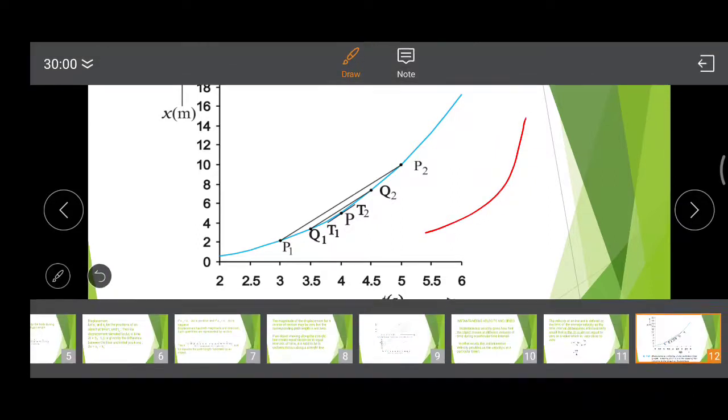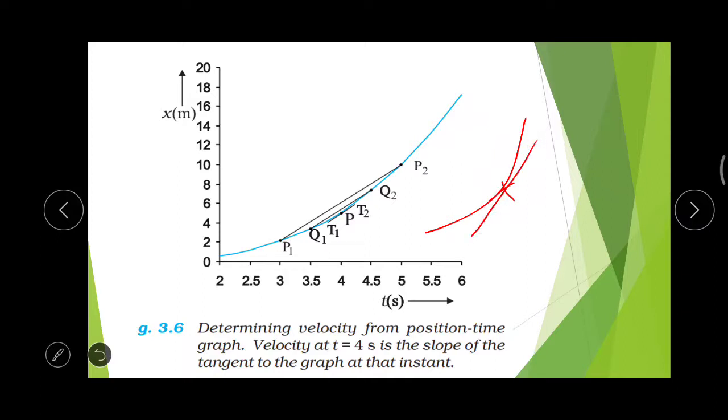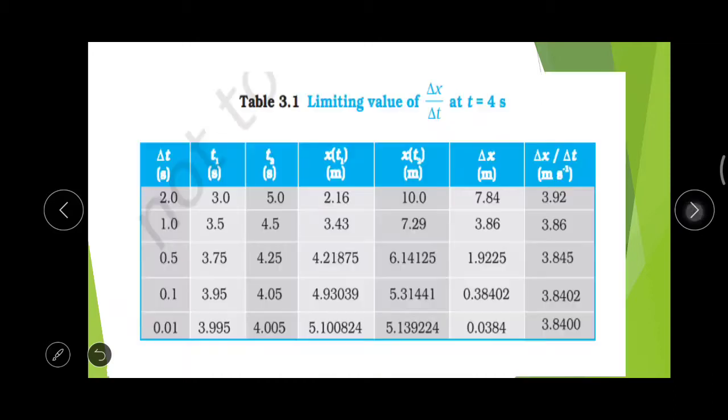This is P, so I am drawing the tangent and I have to find out the slope of the graph. So here it is t1, here it is t2 and here it is A. So we are finding out the instantaneous velocity. Okay, so t2A divided by t1A will be the slope of the graph, and that will be the instantaneous velocity at the point P.